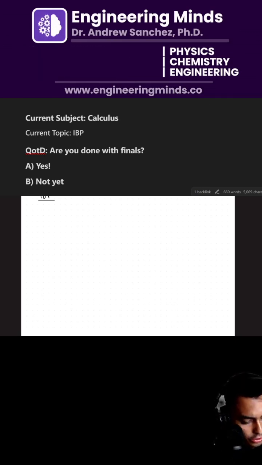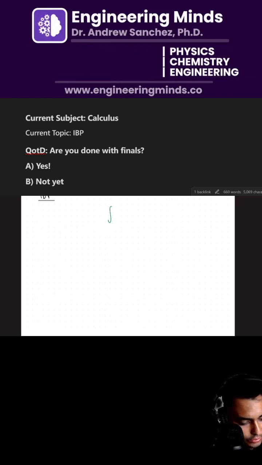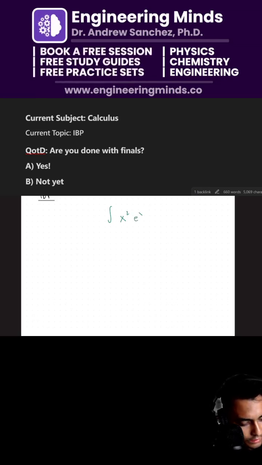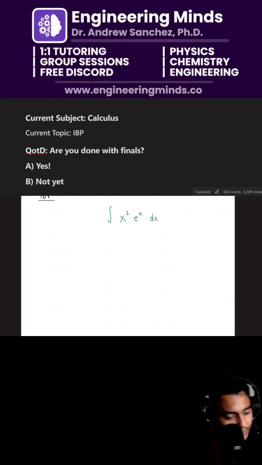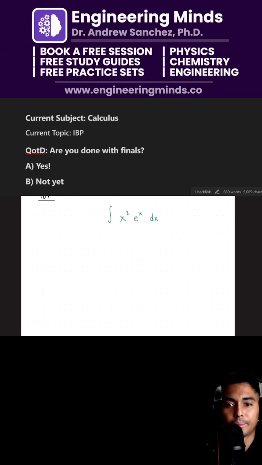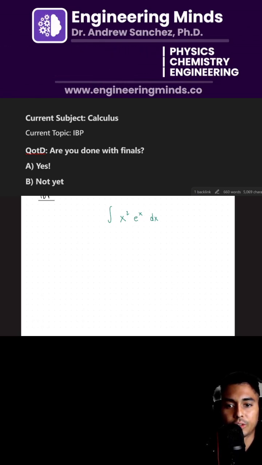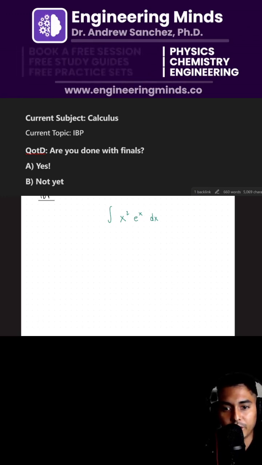All right. So suppose we have the integral, let's start off with x squared e to the x. All right. So x squared e to the x. Let me make this a little bit bigger, or you can rotate your phone so you can view it horizontally.